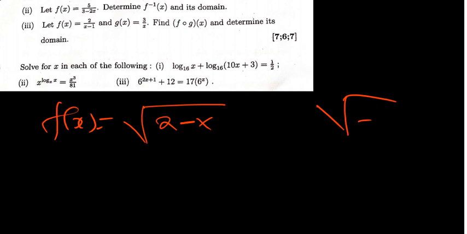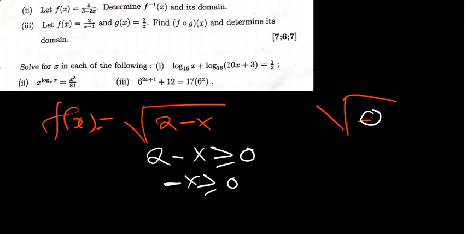So just get what is inside, 2 minus x, and set it greater than or equal to 0, because we know that we can have only 0 and above for this function to be defined. So we're going to solve for x. We say negative x is greater than or equal to 0 minus 2. Then this is negative x greater than or equal to negative 2.